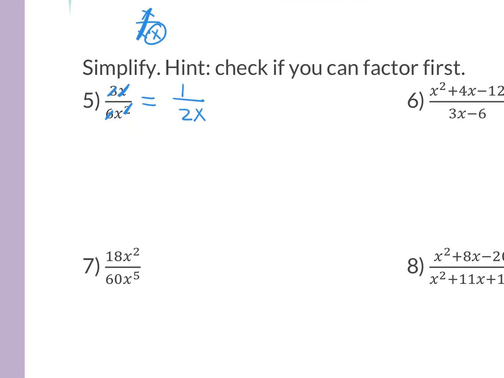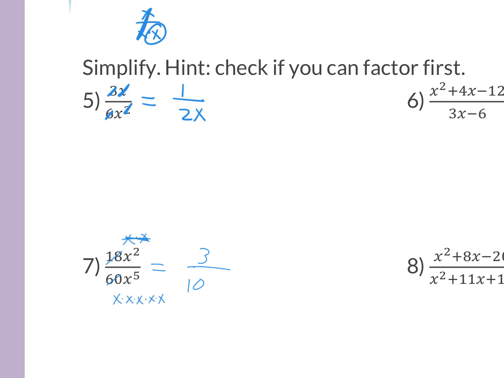All right, we can try that same type of problem in number 7, right? So if you look at our numbers, 18 and 60, they share a common factor of 6. When I cancel out a 6, I'm left with a 3 on top and a 10 on the bottom, right? Divide them both by 6. Now, the x's, there's 2 on top, and there's 5 on the bottom.